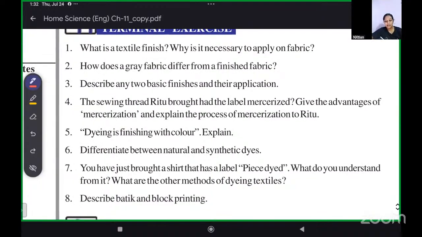What is a textile finish and why is it necessary to apply it on fabric? You can refer to the lesson, but explain it in your own words. What is a textile finish?